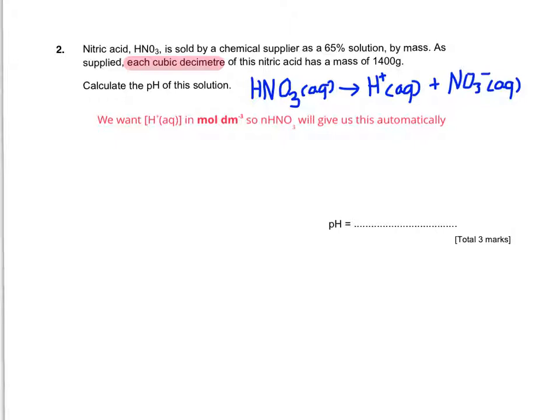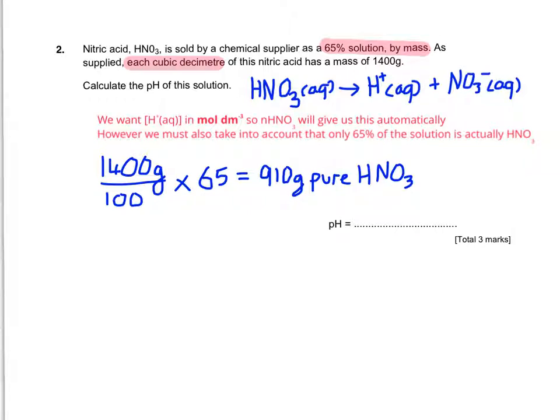Because we want the H+ concentration in moles per decimetre cubed, and it already says that each cubic decimetre of the nitric acid has a mass of 1400 grams, working out the moles of nitric acid will give us this automatically. But we need to also remember that only 65% of the solution is actually nitric acid. Working that out gives us 910 grams of pure nitric acid in the solution.